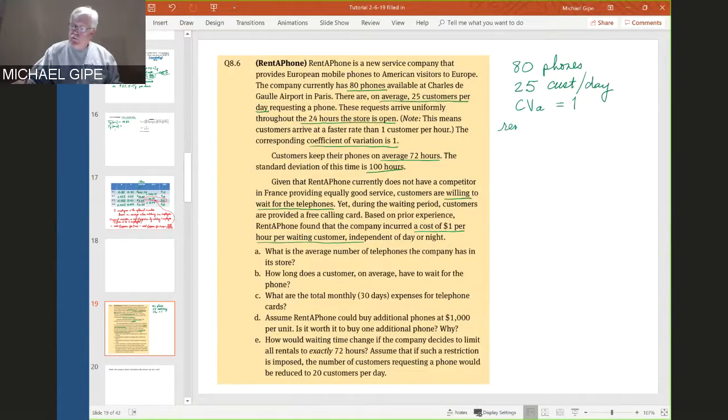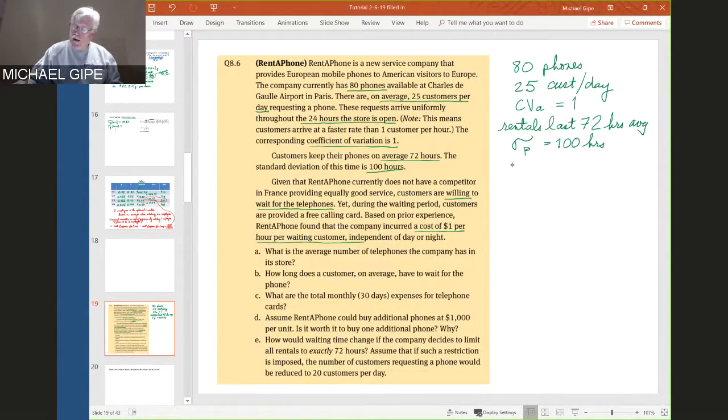Rentals last 72 hours on average, and they have a standard deviation of that time of 100 hours.